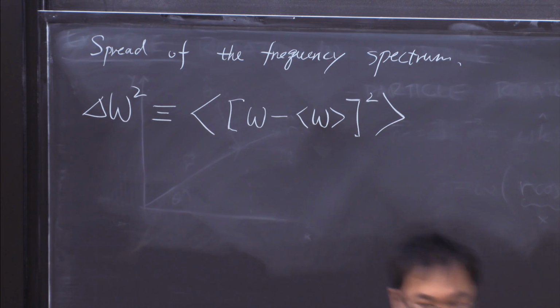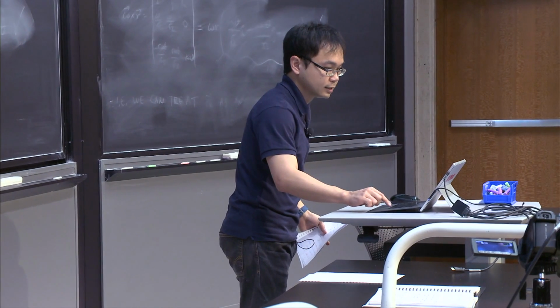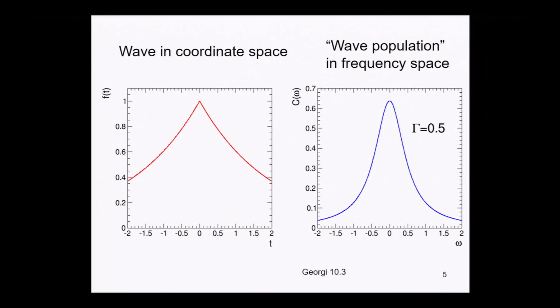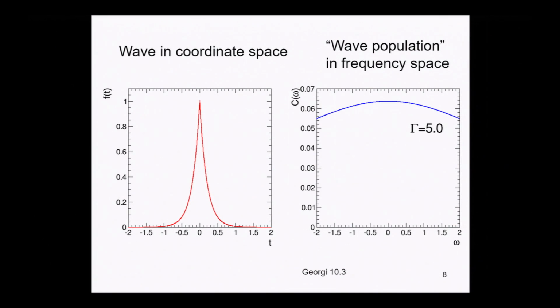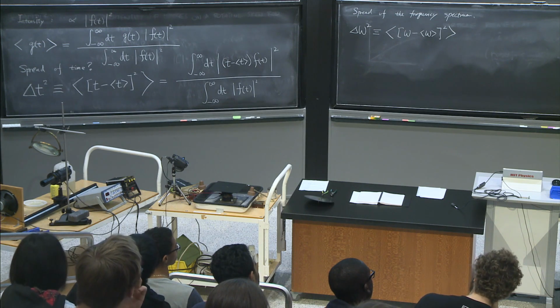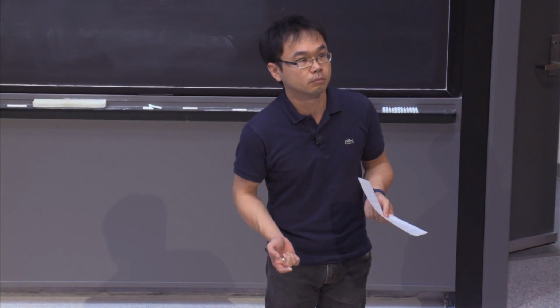And the phenomenon which we see from this exercise, going from low gamma value to large gamma value, is that the spread in time, or in coordinate space, and the spread of the distribution in the frequency space cannot simultaneously be small.